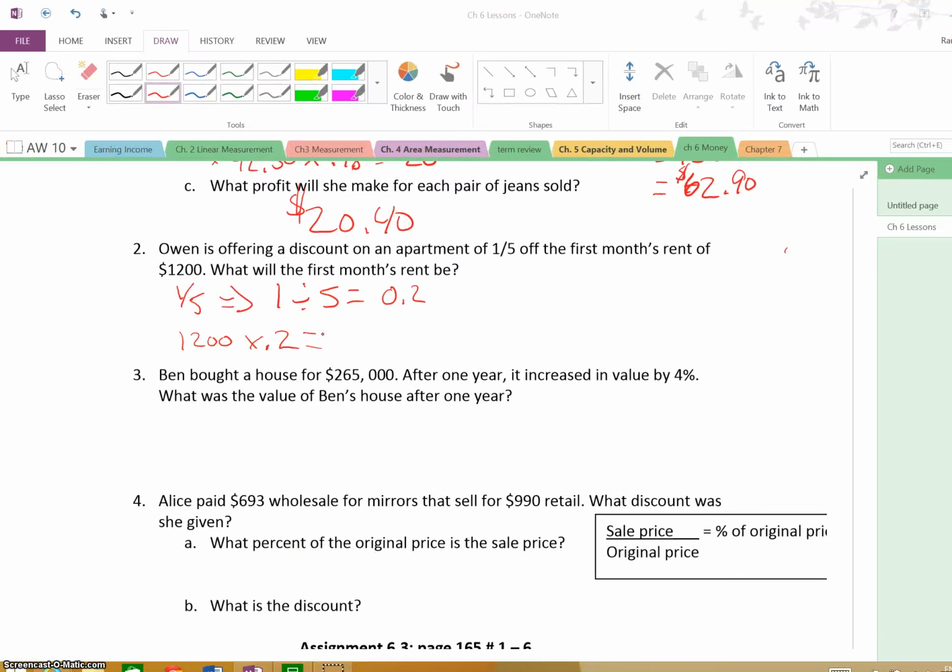All right, Ben bought a house for $265,000. Pretty good deal. After 1 year, it increased in value by 4%. So what is the value of Ben's house after 1 year? So 4%, I divide that by 100, which is 0.04. So I take the $265,000 and multiply it by 0.04.